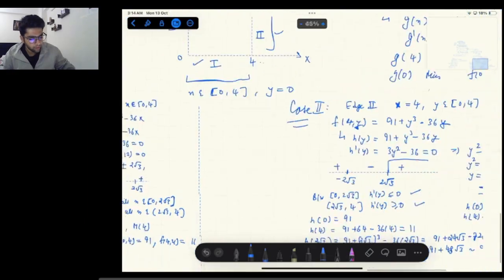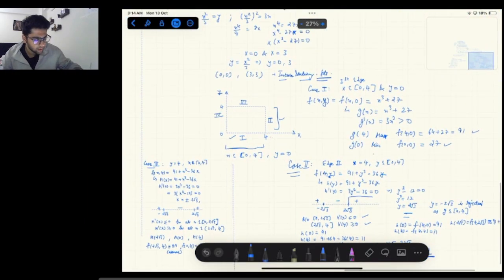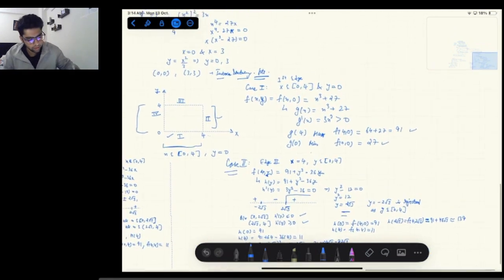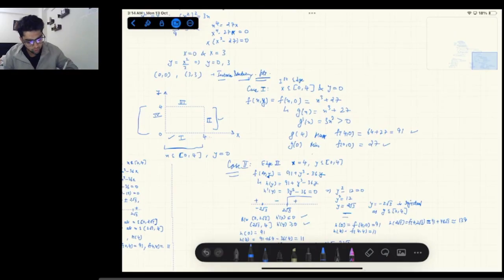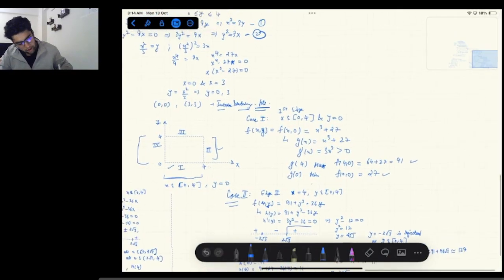So case 4 will again give me same solutions as case 1, because here my y is lying between 0 and 4 and x is 0. So again my function will become symmetrical to this, and again I would have two values here in case 4.